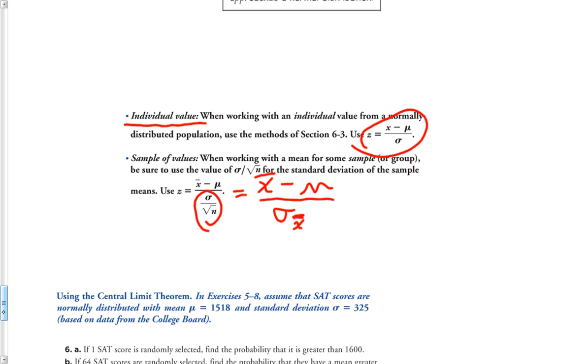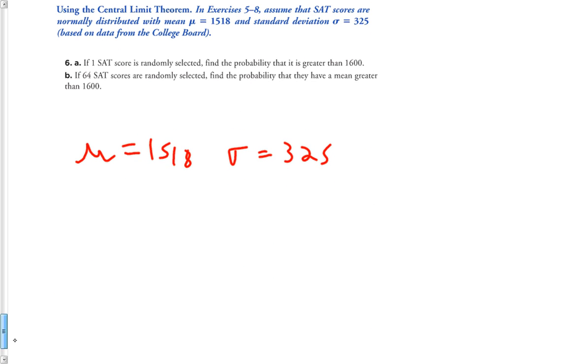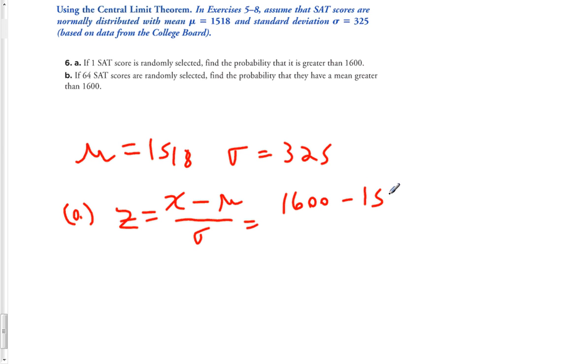So for part A, we're just using z equals x, the given x value, minus mu, which is 1518, divided by sigma, which is 325. So the given value is 1600 minus 1518, and we're dividing that by 325. And we want to find the probability here.